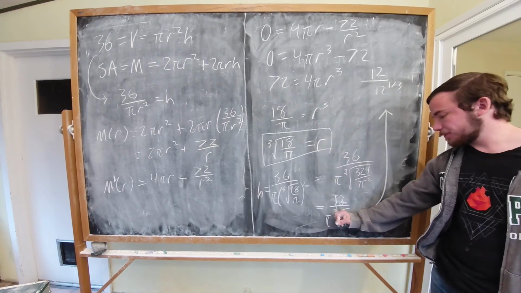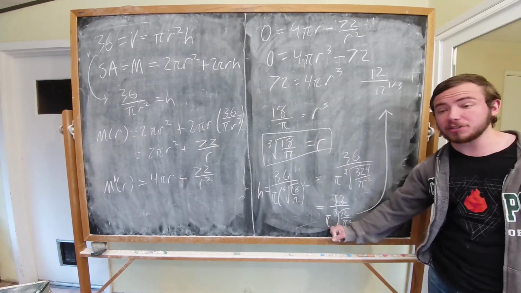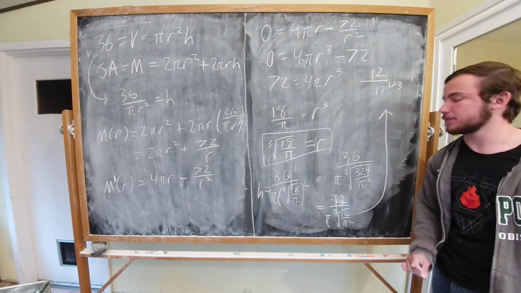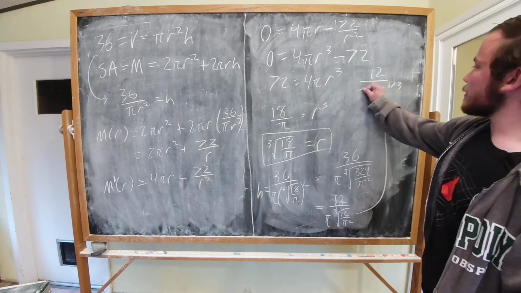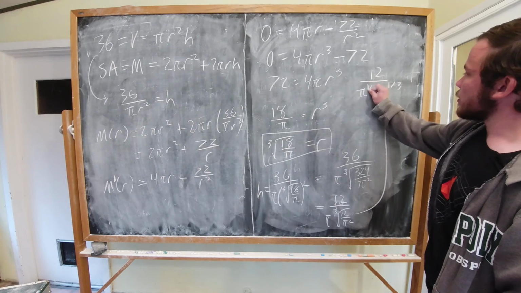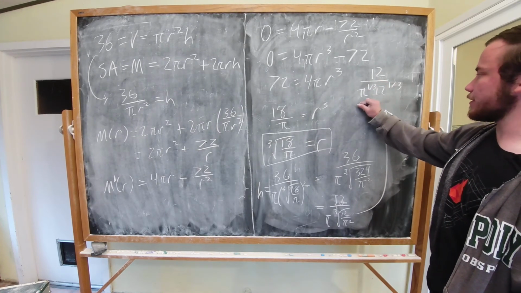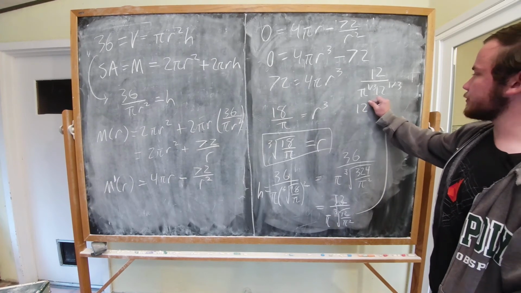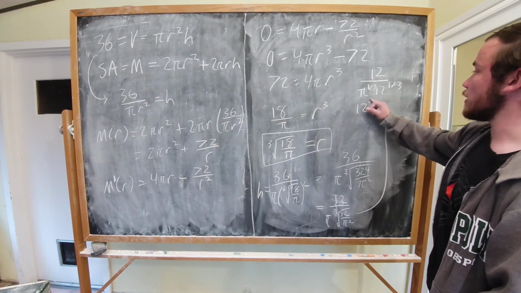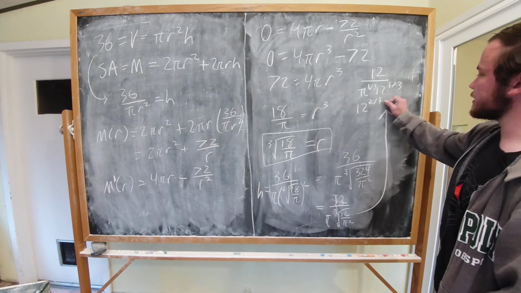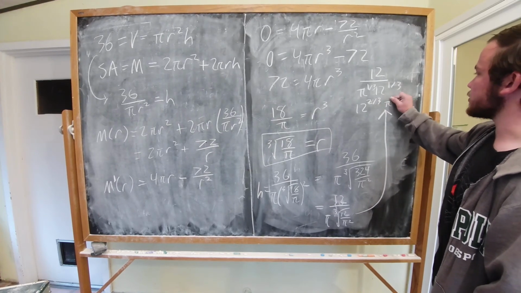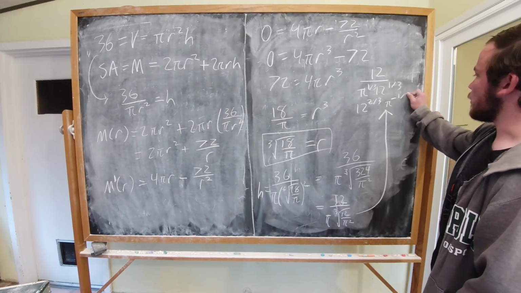Then we have pi to the negative 2/3 times pi, which is pi to the 1/3. So we're going to be left with 12 to the positive 2/3 times pi to the negative 1/3.